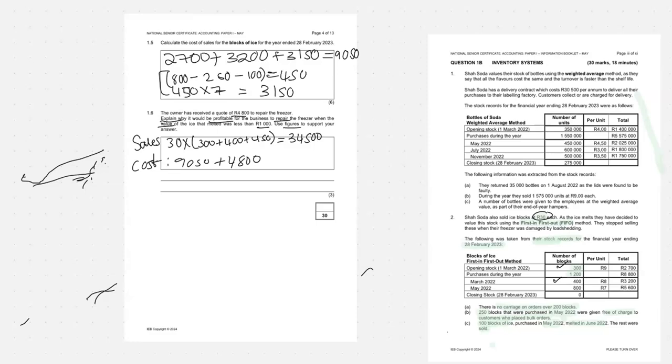So that was 100 blocks, and the cost of the goods that we lost was 7 Rand. So 100 times 7, which is 700. So we need to include that as part of our cost as well, because that was a loss. Does that make sense?